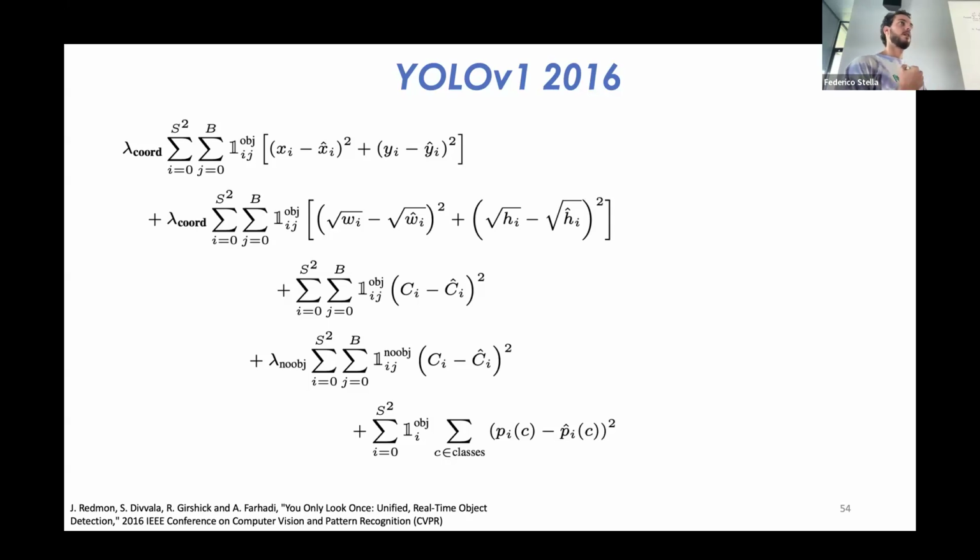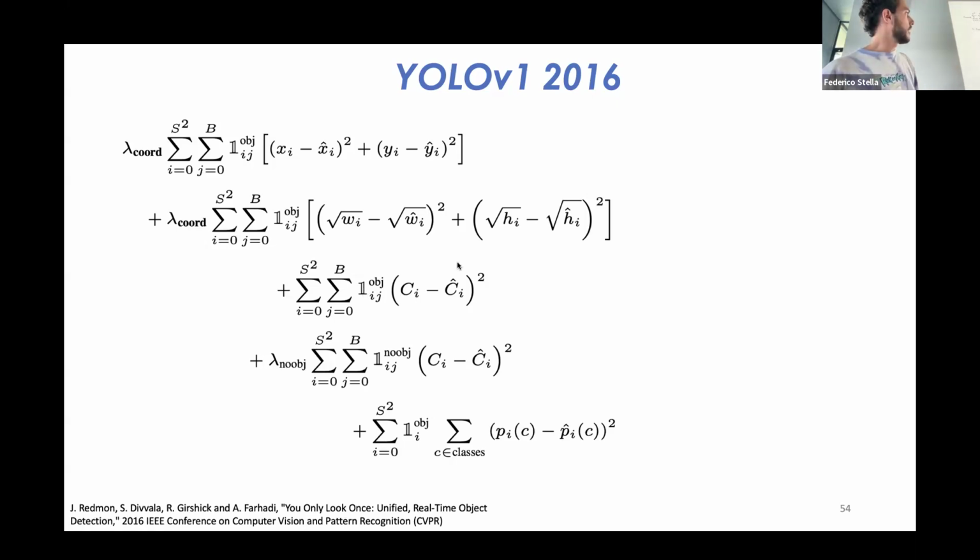What if the model predicts that there is something there? We don't take into account that it made a mistake? Yes, we do, with the confidence scores. So we want the boxes that are wrong to have very low confidence scores, which is what we do right after. Here, it's a similar term. C is the confidence, and we want the confidence of the boxes predicted to be high when the indicator function is 1, so when there is an object.